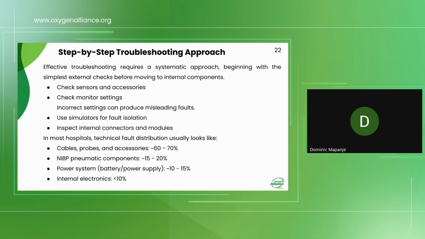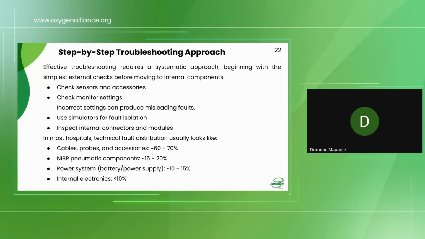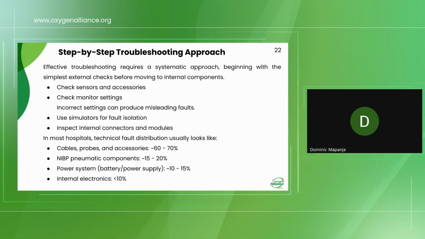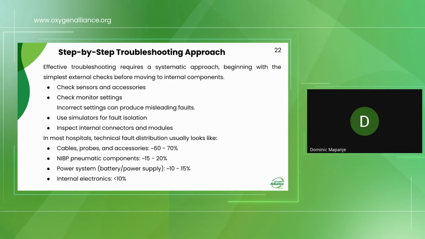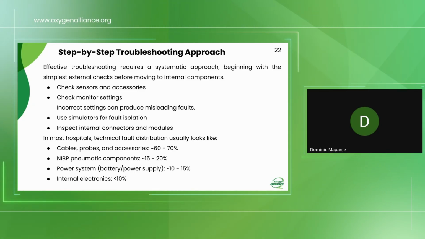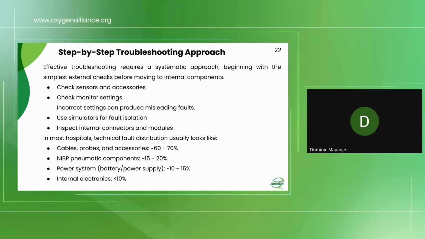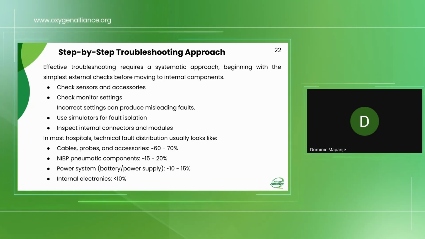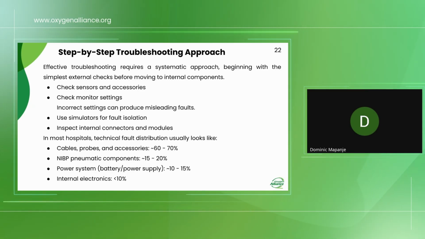So I'll just proceed from where I left off. We are talking about the systematic approach that engineers or technicians will take on troubleshooting, of course not only monitors, but all other equipment. You mostly start with the easy parts. For a monitor, you start with the external accessories and then go into the internal components.